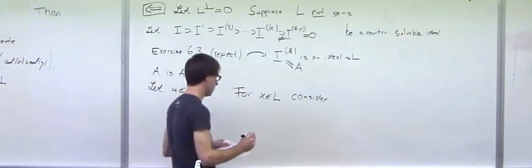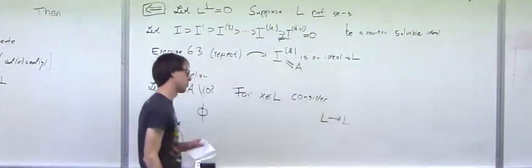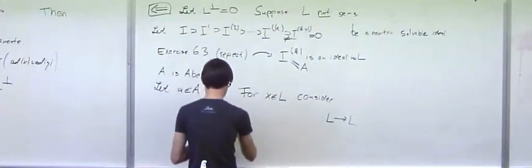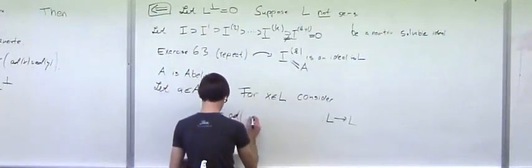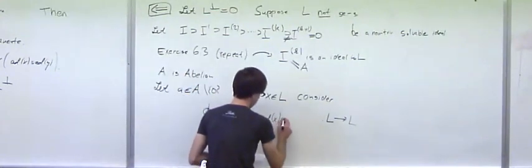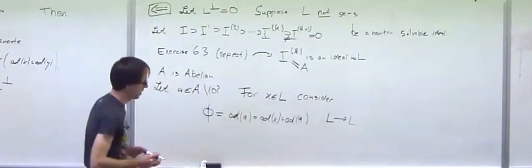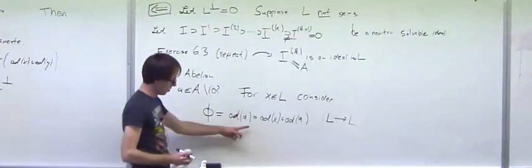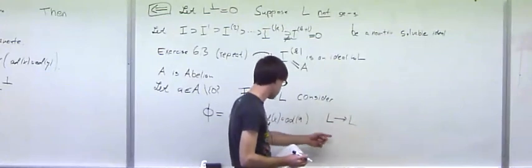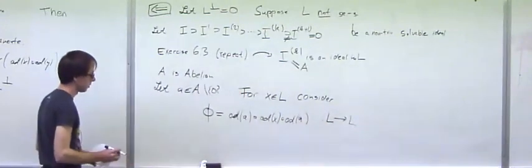Well, this is a linear endomorphism of the Lie algebra, obtained as the composition of the following maps: the adjoint map at A, the adjoint map at X, and the adjoint map at A. So each of these is an endomorphism of the Lie algebra, a linear operator, so their composition is also.